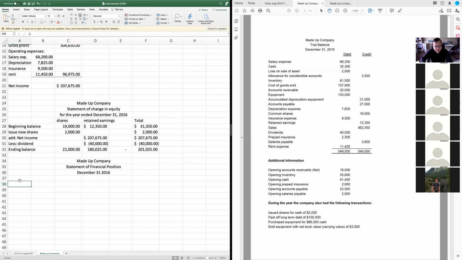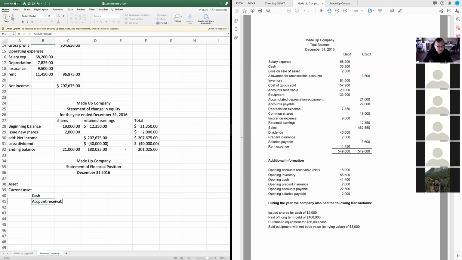So I need to have different sections, right? I have an asset. I have a current asset. So this one will be cash. Accounts receivable, yes, very good.